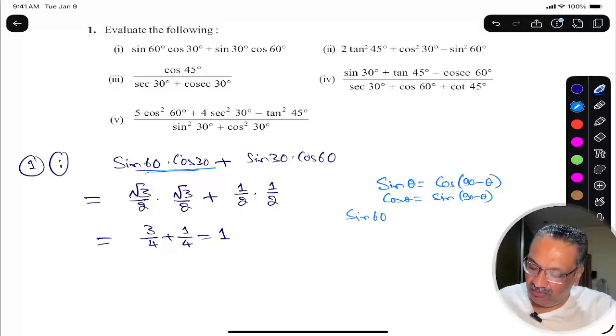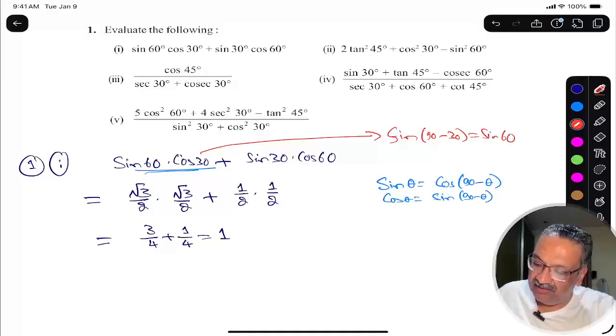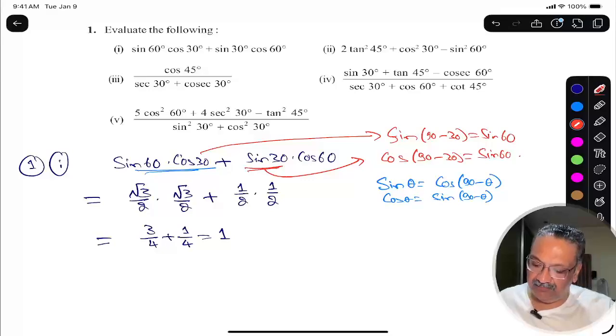So cos 60 will become sin of 90 minus 30, which is equal to sin 60. Similarly, this sin 30 will become cos of 90 minus 30, which is equal to cos 60.